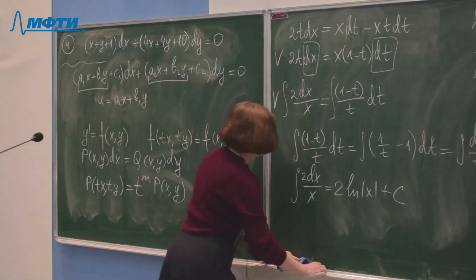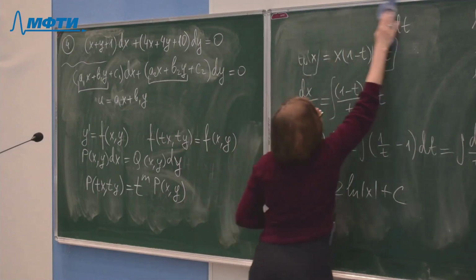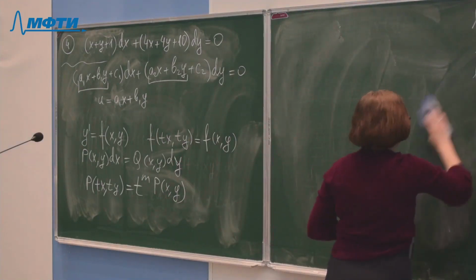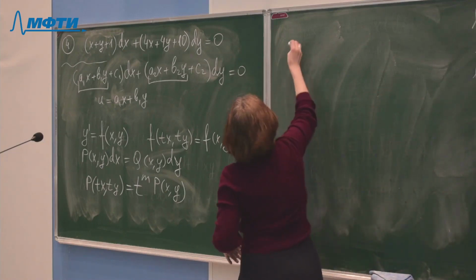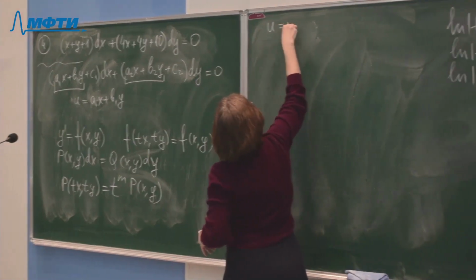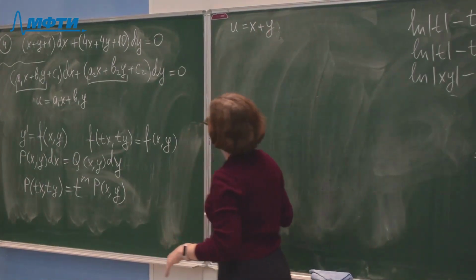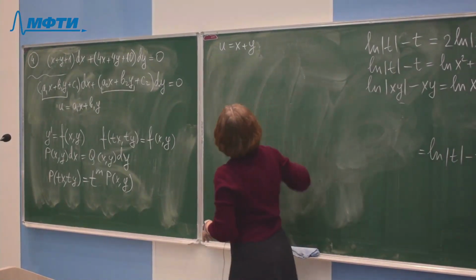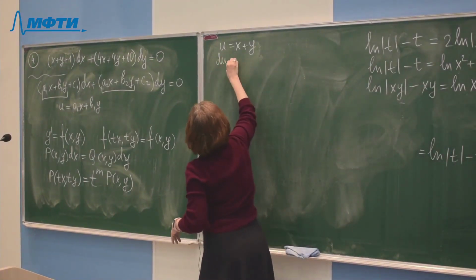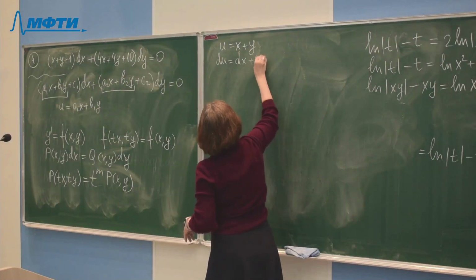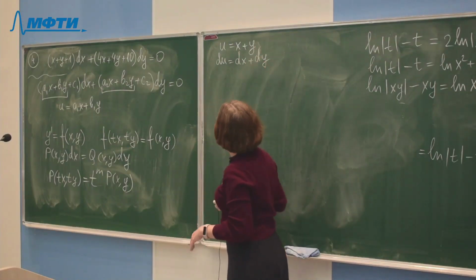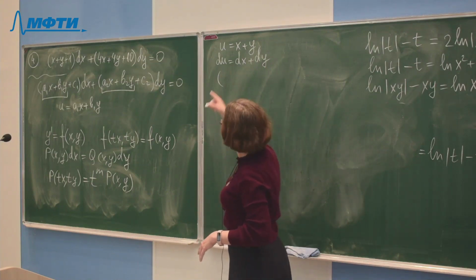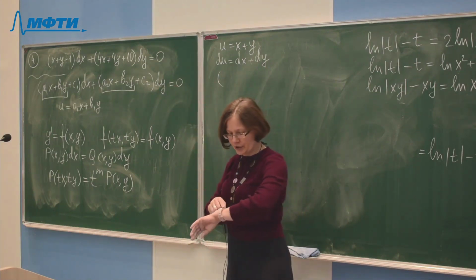So let's do this. u equals x plus y, then du equals dx plus dy. Let's substitute this into our original equation.